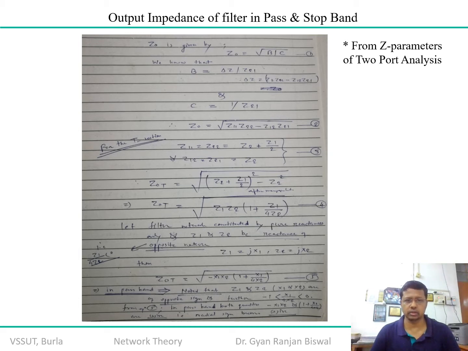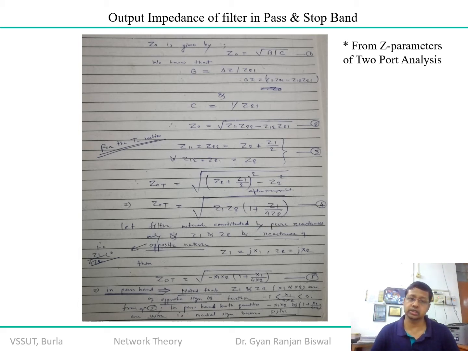Z2 minus Z2 Z1. Now, if you consider the two port parameters Z11, Z22, Z12 and Z21 in terms of the network impedance or the arm impedance of the filter, that is Z1, Z2, then the interrelationships are: Z11 should be equal to Z22 when it satisfies the symmetric condition, in that case it should be equal to Z2 plus Z1 by 2.